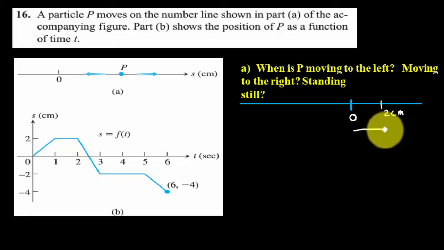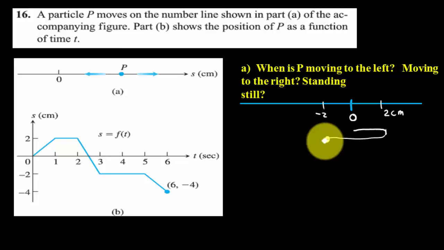And then from 2 to 3 seconds, it went from 2 down to -2. And then it stood still again for 3 to 5 seconds. Then it continued going to the left from -2 down to -4 centimeters. So it went all the way down to here.